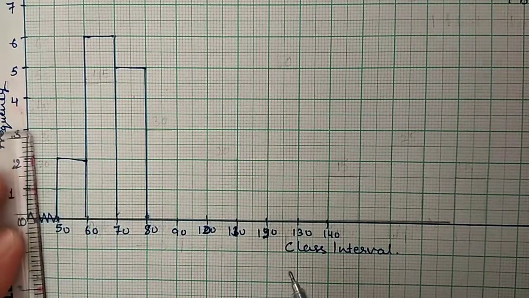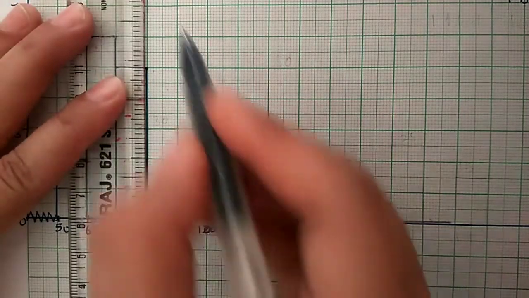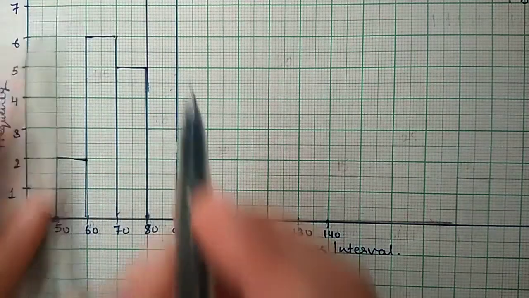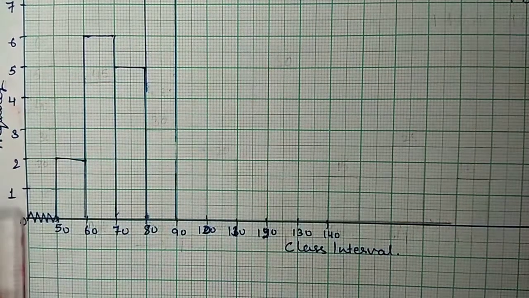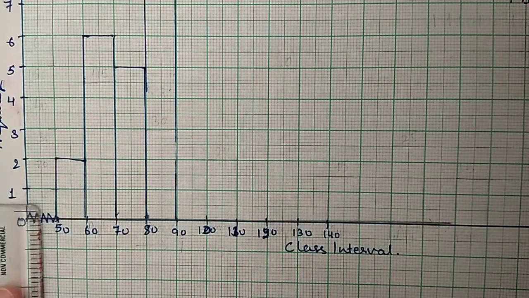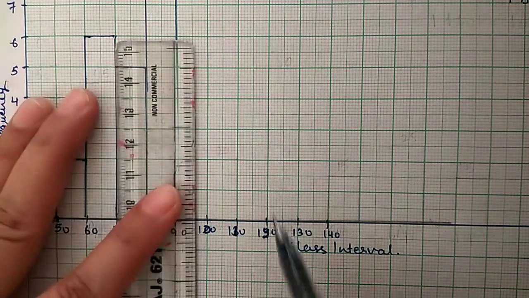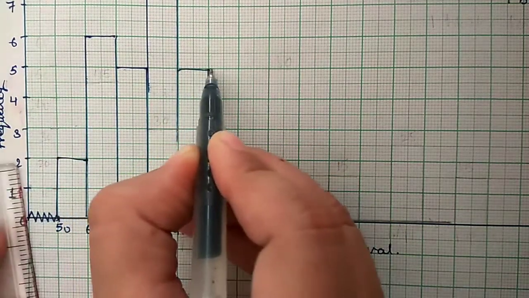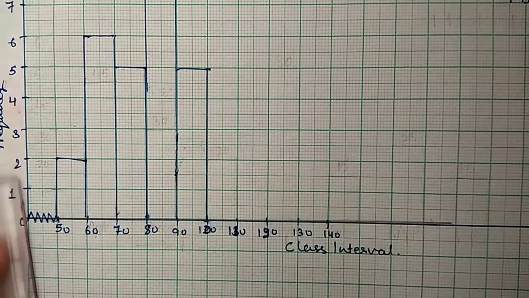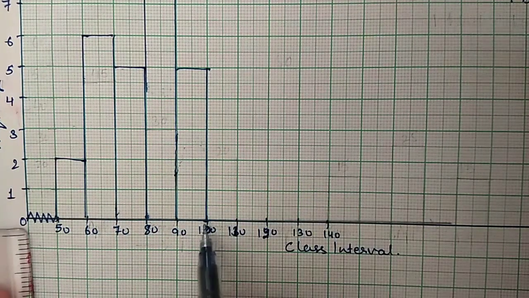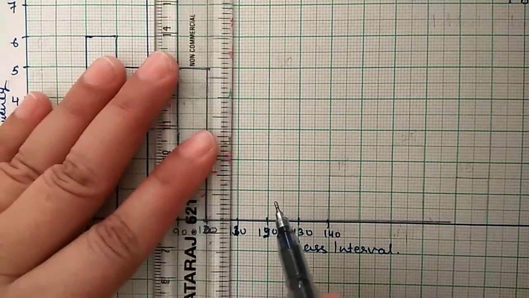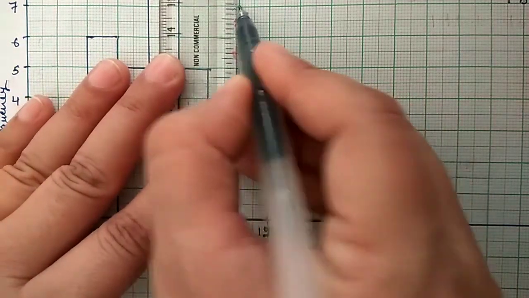Then 80 to 90 it is 8. After that 90 to 100 it is 5. Then 100 to 110 it is 7, so go till 7.